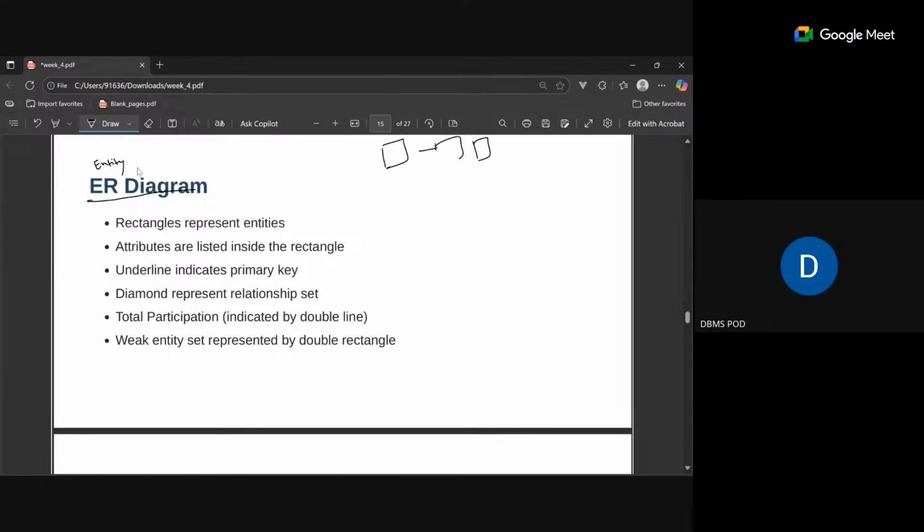So far we have not seen any relationships in week 2 and week 3. All we have seen is SQL, primary key, foreign key, and using foreign keys we used to do left outer join, cross join, natural join, all those joins. Yes.